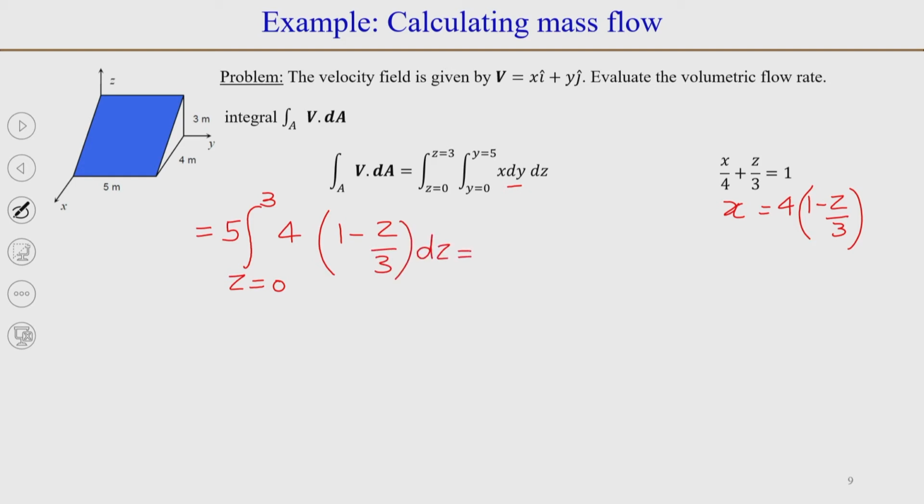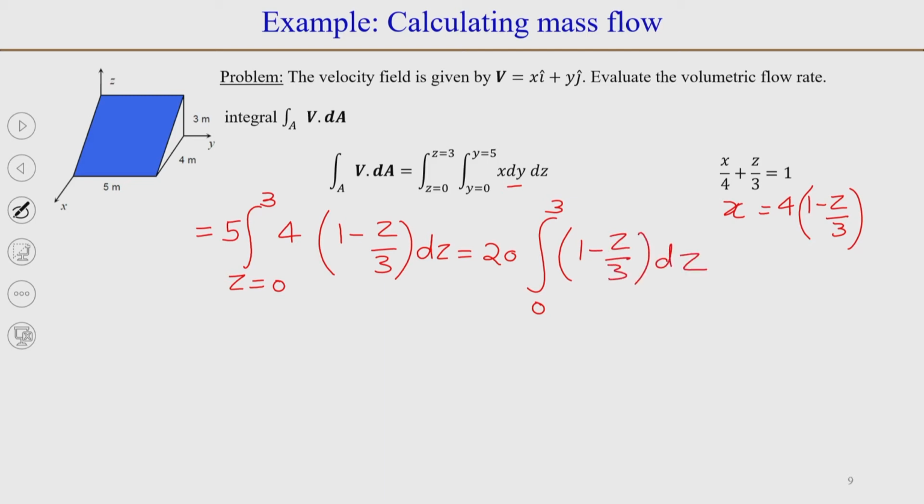Okay. So, when we simplify it, 5 into 4 is 20. So, we will have 20 integral 0 to 3 1 minus z by 3 dz.